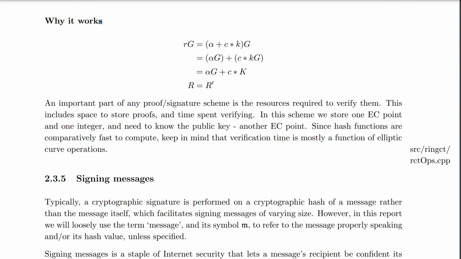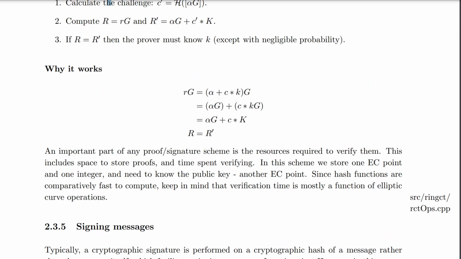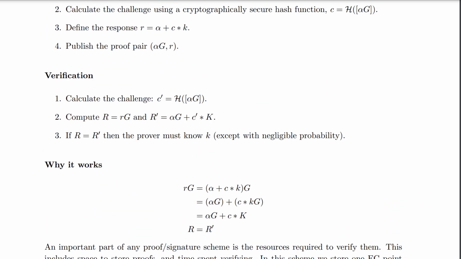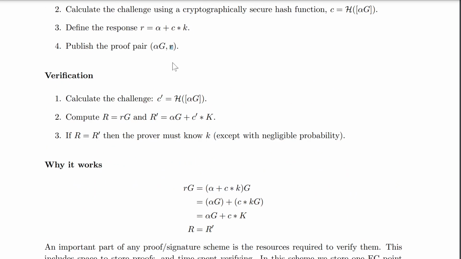So this goes on to talk about the resources required to perform this verification process. Ideally this would be computationally absolutely trivial. But we note, how much data do you actually have to have on hand to handle a proof, and how much time and computational effort does it take to go through that process? We note that this scheme allows you to store a single elliptic curve point, alpha G, which is in fact a point, and one integer value, which is just this response value, lowercase r.